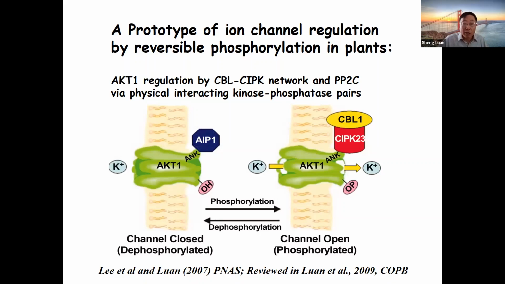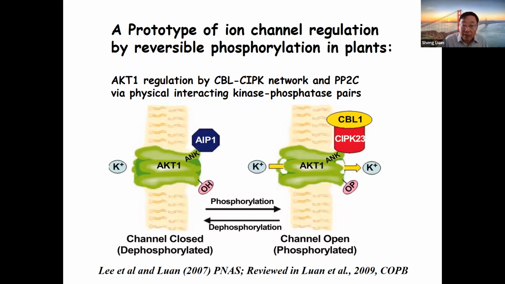When the soil potassium is high, in this case if you add 1 millimolar potassium to the growth media, AKT1 is entirely dispensable. You don't need AKT1 or CBL, CIPK, so all those mutants grow just fine.